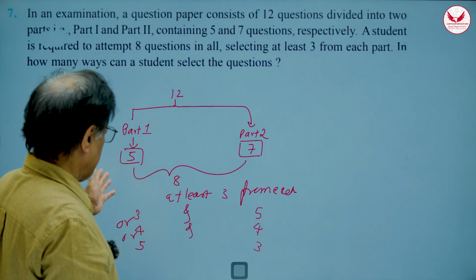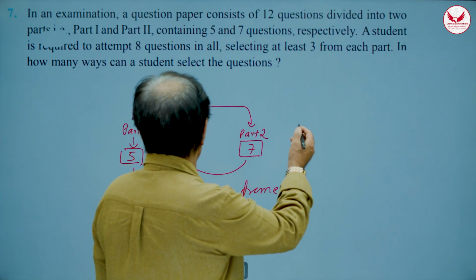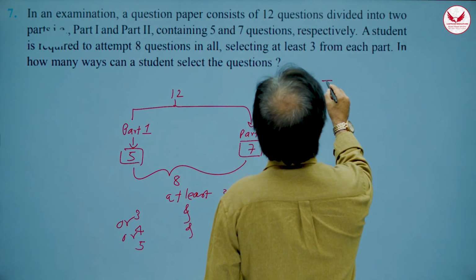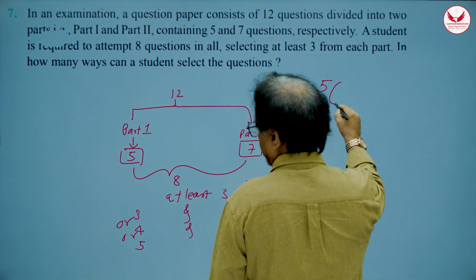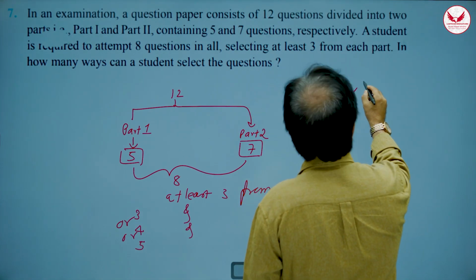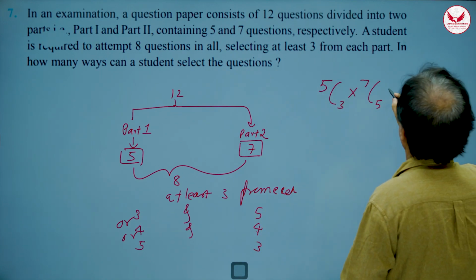So whenever there is or, you will use addition theorem, and whenever there is and, you will use the multiplication theorem. So the answer is 5C3 multiplied by 7C5. This total you can check, it is 8.